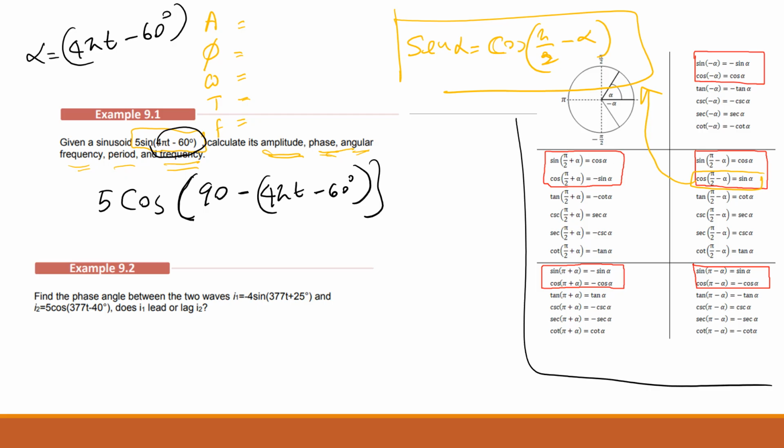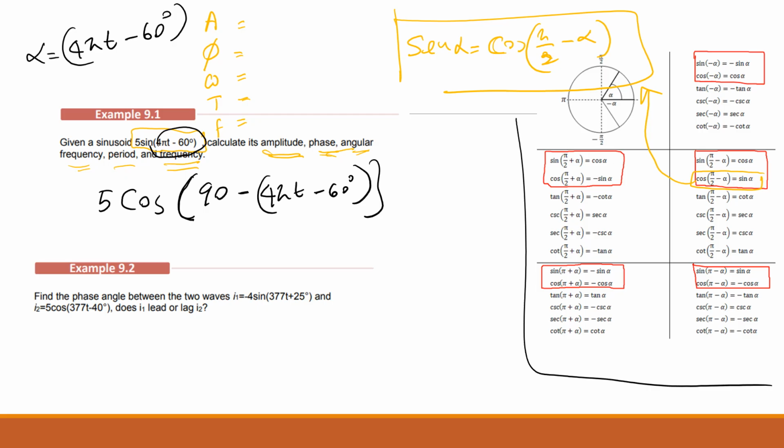Can we sub 4 pi t into pi, so that we cancel out the number 2?